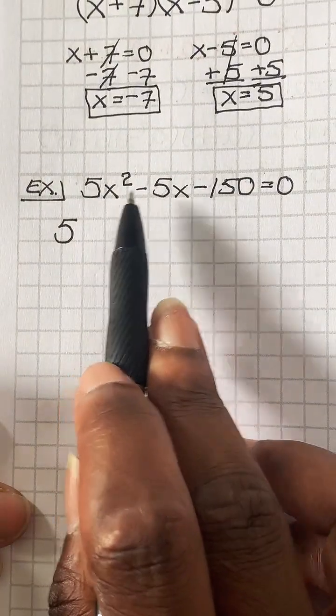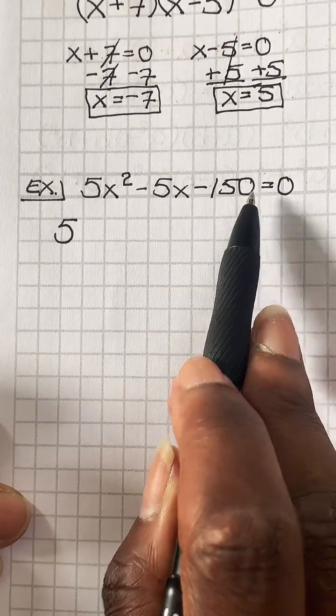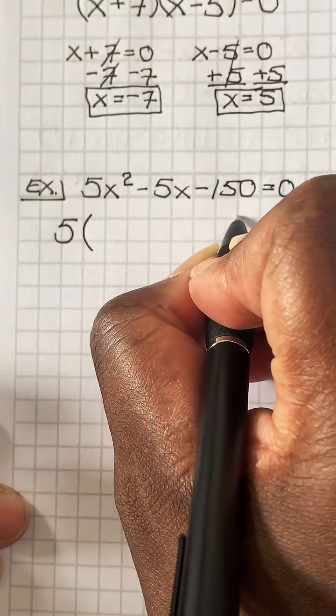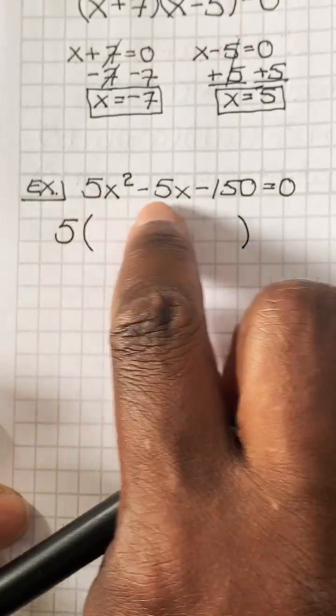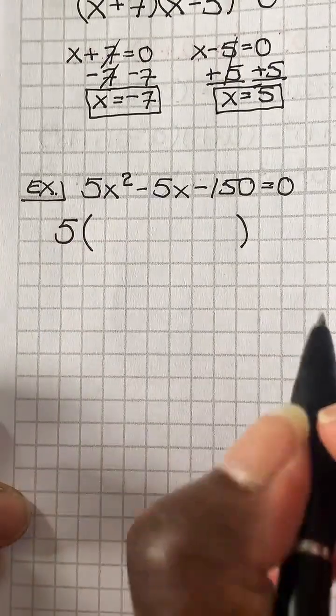Because this has an x squared, this has an x, but this is a constant. When we factor out the 5, we're actually going to divide the original expression by the 5.